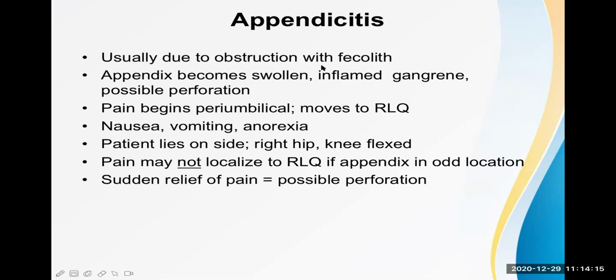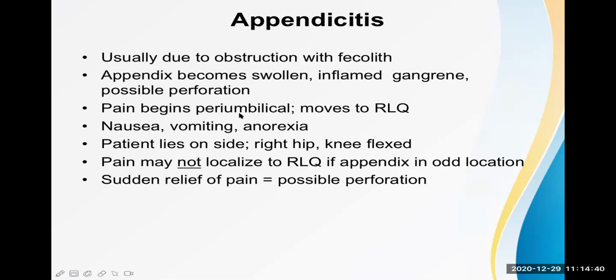It is usually due to the obstruction with fecalith. Okay, fecalith, hard fecal matter, almost act like a stone there. It may be the obstruction in the appendicular lumen. Then all the process will follow after that. Appendix becomes swollen, inflamed, gangrenous, and possibly it perforate at the end. And this leads to peritonitis.